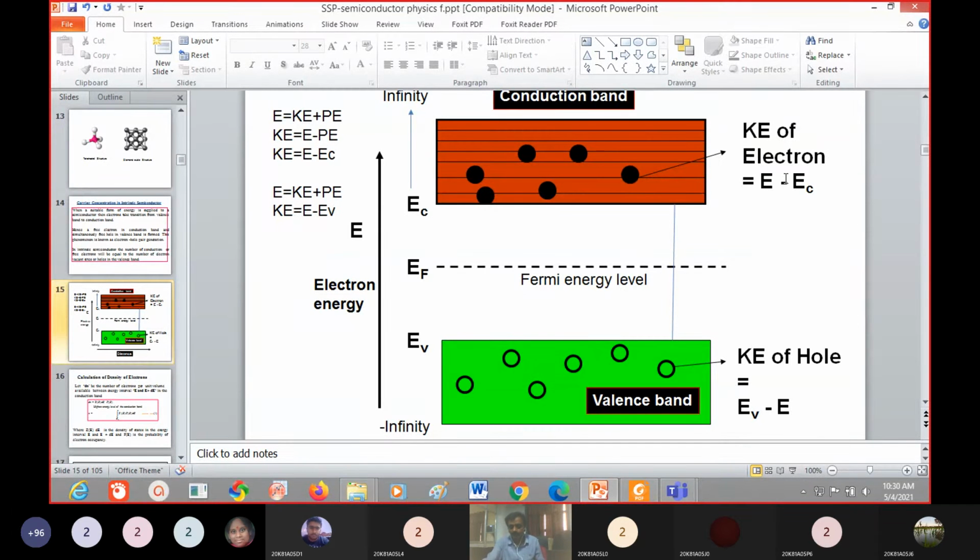Yesterday we discussed that the kinetic energy of the electron depends on position. The conduction band acts as the potential energy, and the total energy is E. So the kinetic energy of the electron equals E minus EC. Similarly, the kinetic energy of the hole is measured relative to EV, the valence band position.